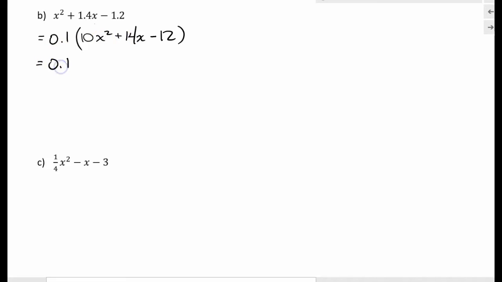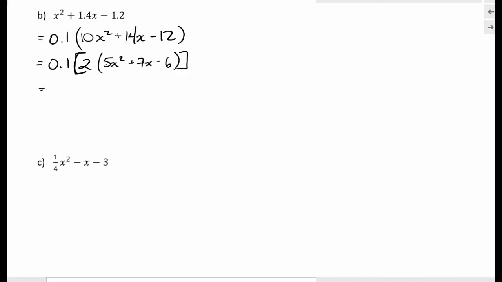Okay, from here, I'm going to check, and I have a greatest common factor here, actually, of 2. So I'm left with 5x squared plus 7x minus 6. So I factored, and I factored again. Now, if you could have spotted that you wanted to take 0.2 out from the beginning, good on you.